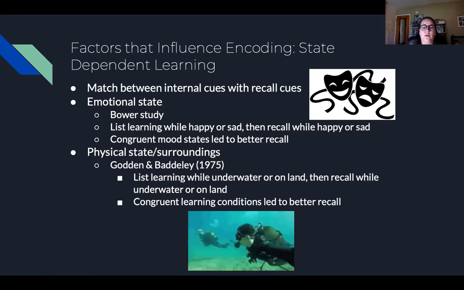So the researchers were like, think about that, really transport yourself back to that feeling, see if you can hang on to how you were feeling as you're doing this task of learning words. And then they were asked to recall the words on the list in either a congruent, so a matching mood state, or an incongruent mood state.